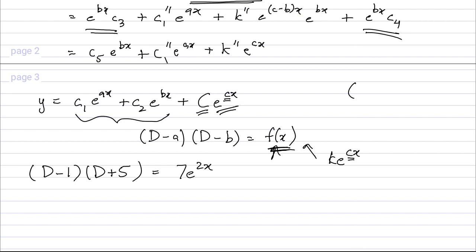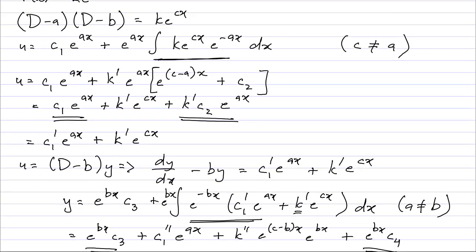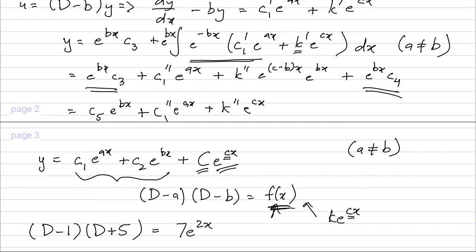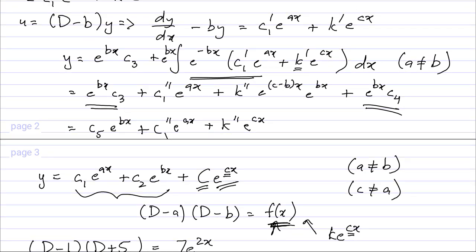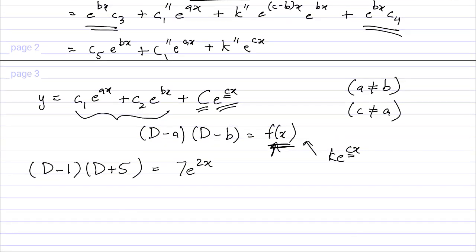Your conditions were such that, first of all, a is not equal to b, and c is also not equal to a. Right, fine. So what happens then?